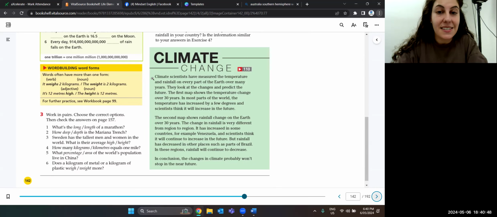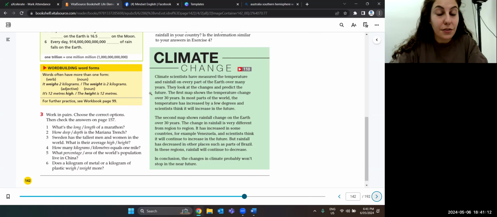Climate scientists have measured the temperature and rainfall on every part of the earth over many years. They look at the changes and predict the future.